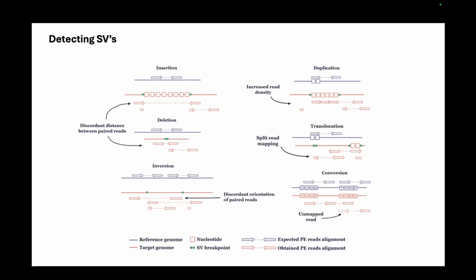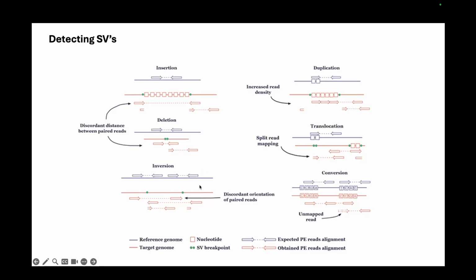During alignment of these reads, you see these reads getting closer to each other or farther away from each other. The distance between these two reads is already recorded when you generate the reads in your sample. If these reads are moving away from each other, that means there has been an insertion. If these reads are coming very close to each other, that means there has been a deletion.